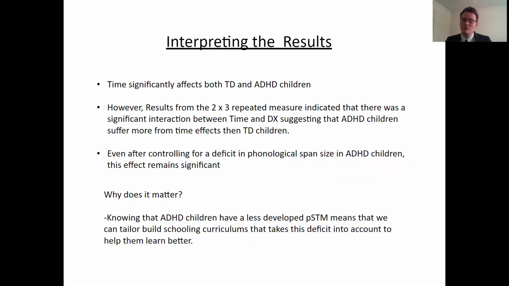What that tells me is that while time affects both groups of children, it affects ADHD kids more than TD kids. Now this is being separated out even more. If we control for the fact that they had this deficit in their total phonological short-term memory capacity, there is still a difference in their score with respect to time.